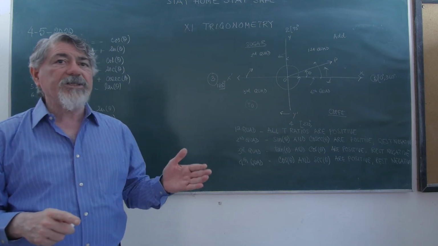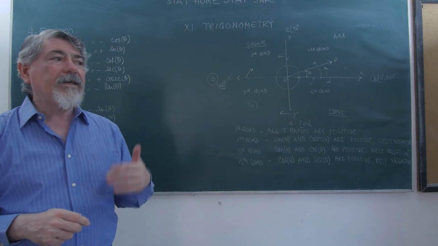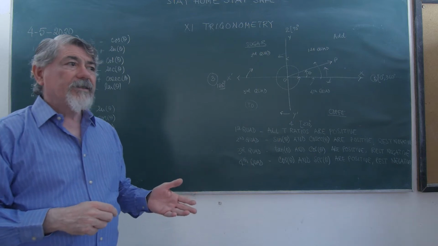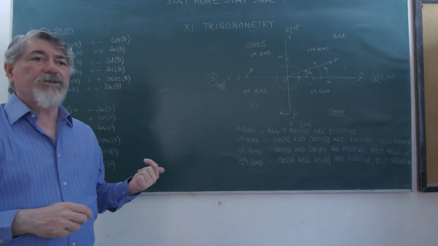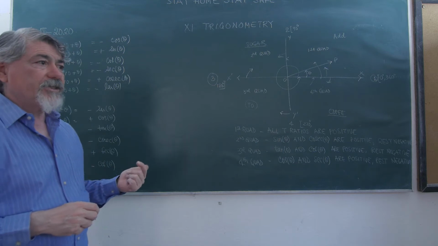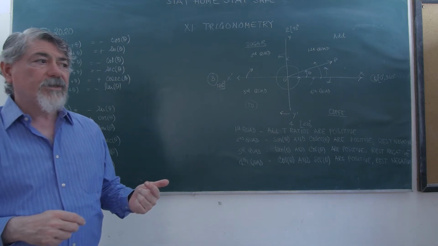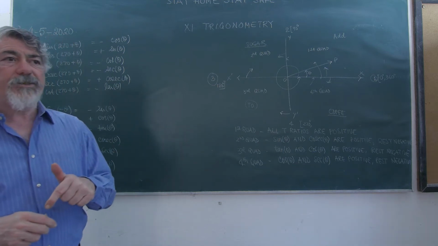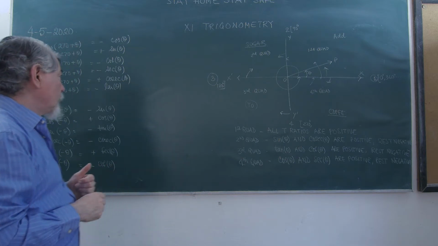But when it came to 90 and 270, the sine changed to cos, cos changed to sine, sec changed to cosec, cosec changed to sec, cot changed to tan, and tan changed to cot.